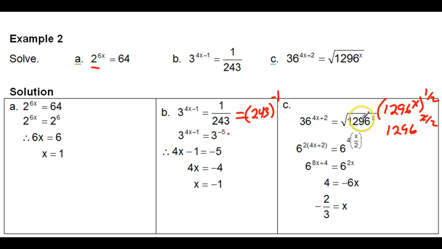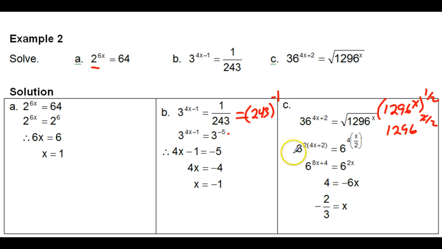We're trying to write these two things with the same base. Of course, in this case, 36 is a little bit of an odd base. I actually would have worked, so it's 36 times 36, isn't it? So I could have left this as 36 and written this as 36 to the exponent 2. Sorry, now I'm babbling a bit. But my first instinct was to jump to base 6.